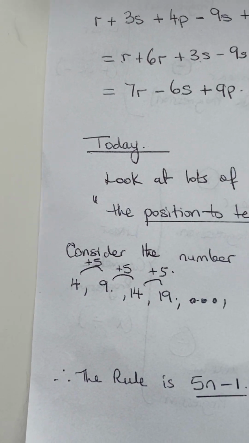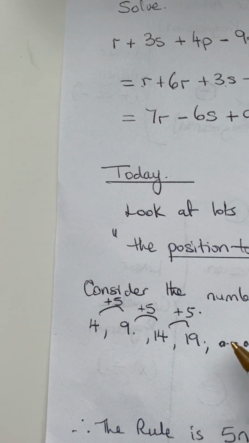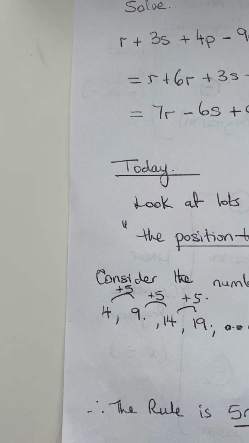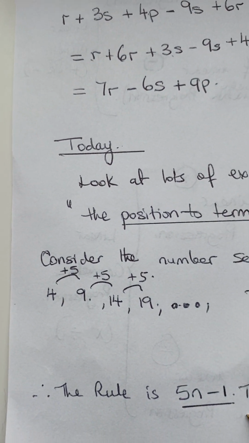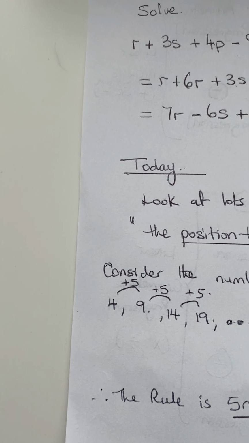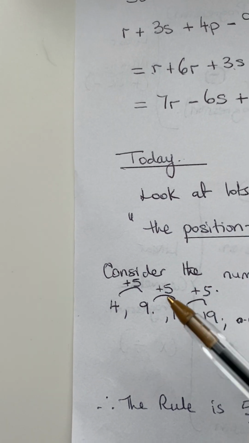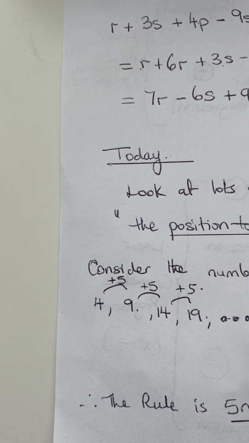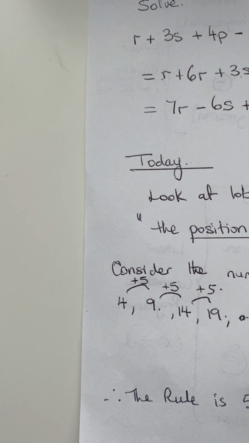Now the rule is 5n minus 1. How did we arrive at that? I'm going to explain. There's an increment of 5.